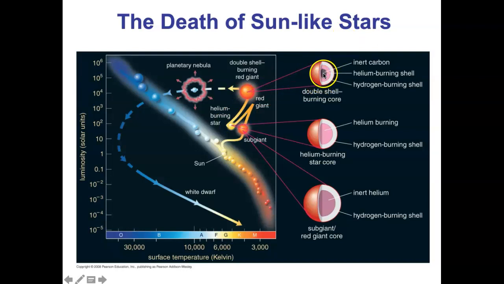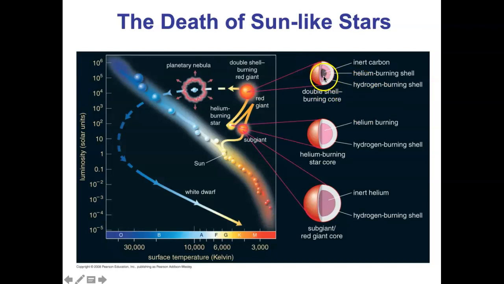And then that carbon core heats up the helium right on top of it until the helium reaches over 100 million Kelvin. And then the helium starts to fuse and burn into carbon, which also releases some heat. And that heat, the heat coming off the carbon core and the helium burning shell, heats up the hydrogen right on top of it until the hydrogen is pushed over 10 million Kelvin, and then the hydrogen starts to burn into helium.